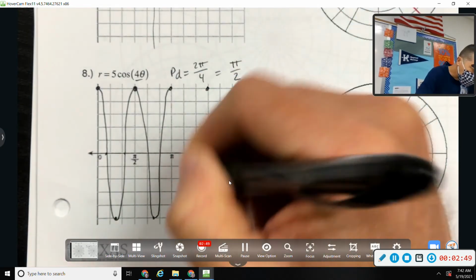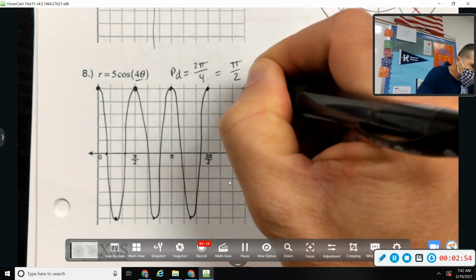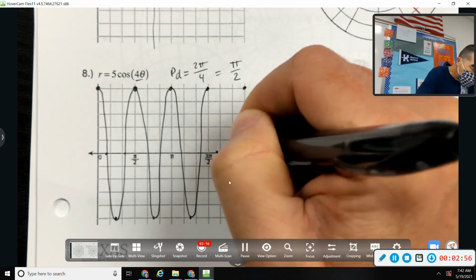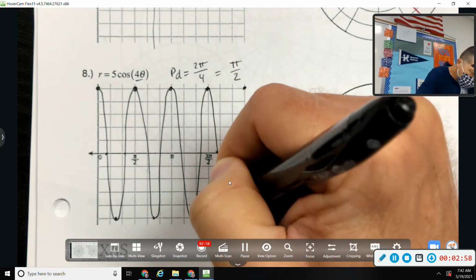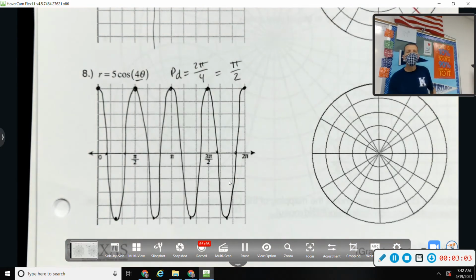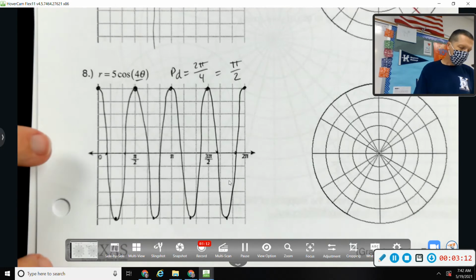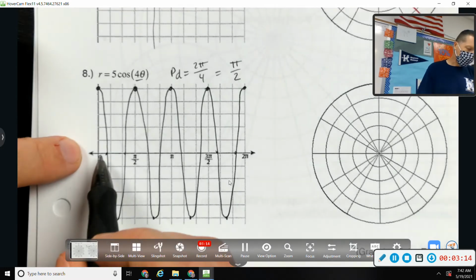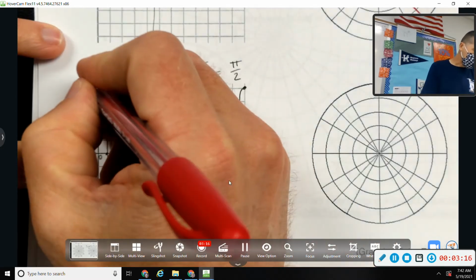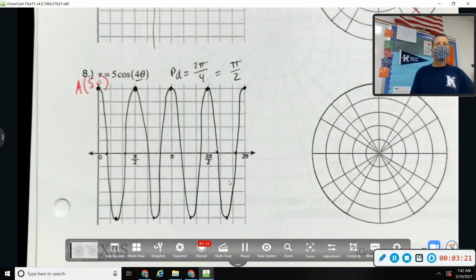So 2 more cycles. Let's see, I'm not going to label all the points. Maybe I'll get started. Theta is 0, r is 5.